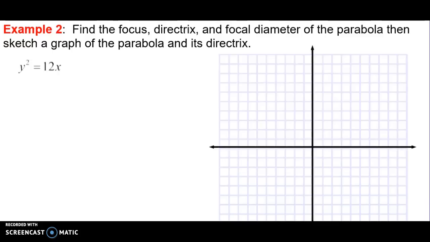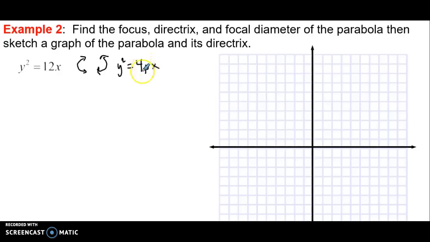Let's look at example 2. It says find the focus, directrix, and focal diameter of the parabola, then sketch the graph of the parabola and its directrix. Well, let's look here. We have y squared equals 12x. So that tells me that I'm either going to have a graph that goes like this, or I'm going to have a graph that goes like this. So I'm going to write my formula that says y squared equals 4px.